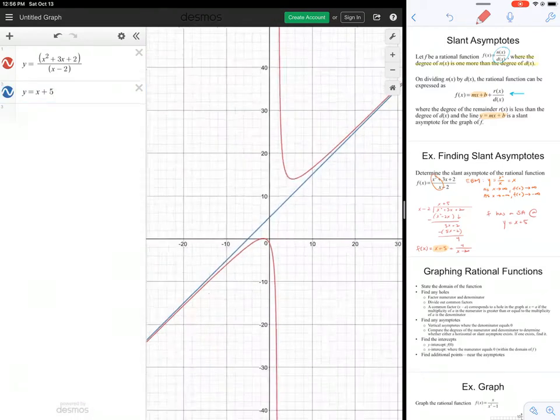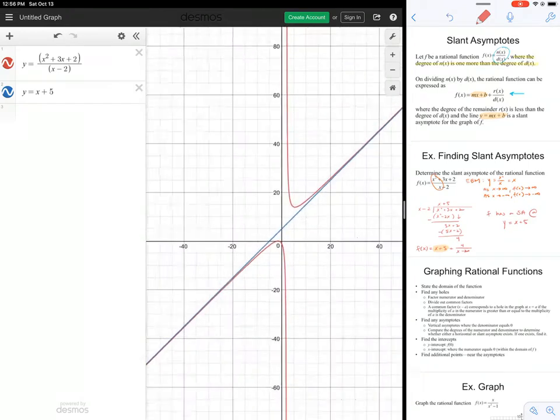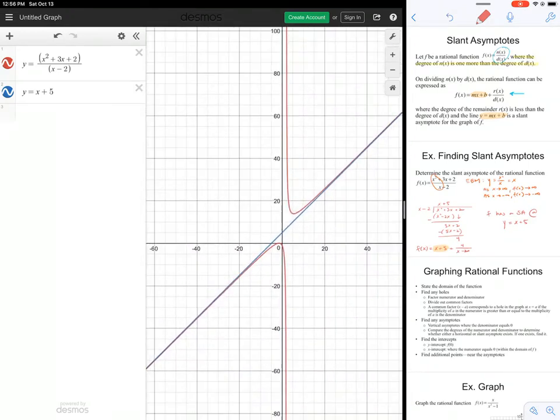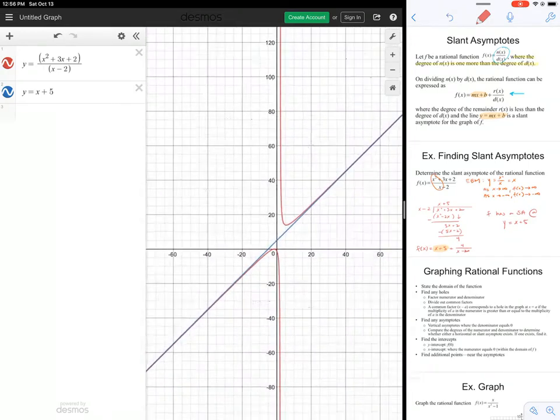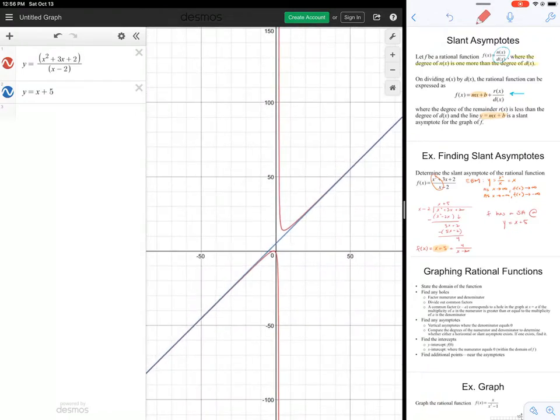All right, so look, as we zoom out here, doesn't it look like the graph of f of x is kind of merging with the graph of y equals x plus 5? Well, that's because as x approaches positive infinity, the values for f of x are going to approach positive infinity in the same way that y equals x plus 5 approaches positive infinity.